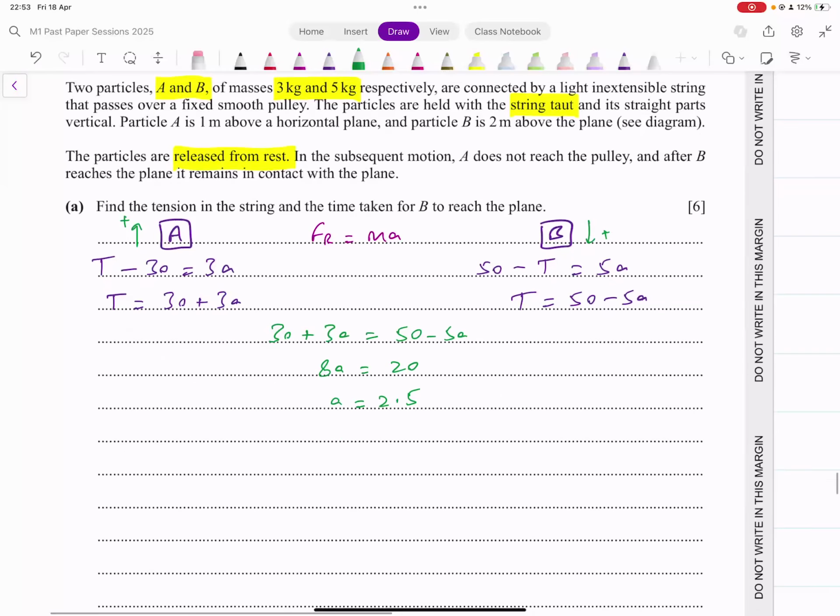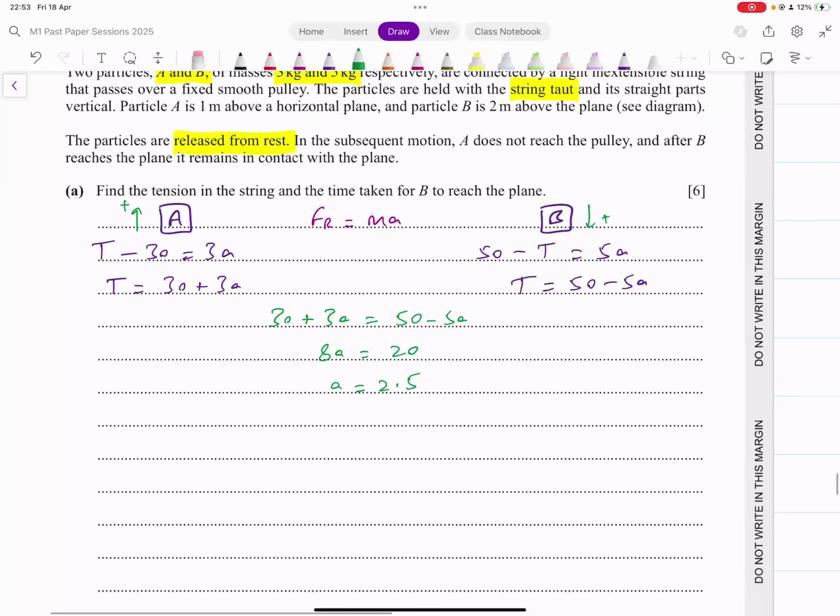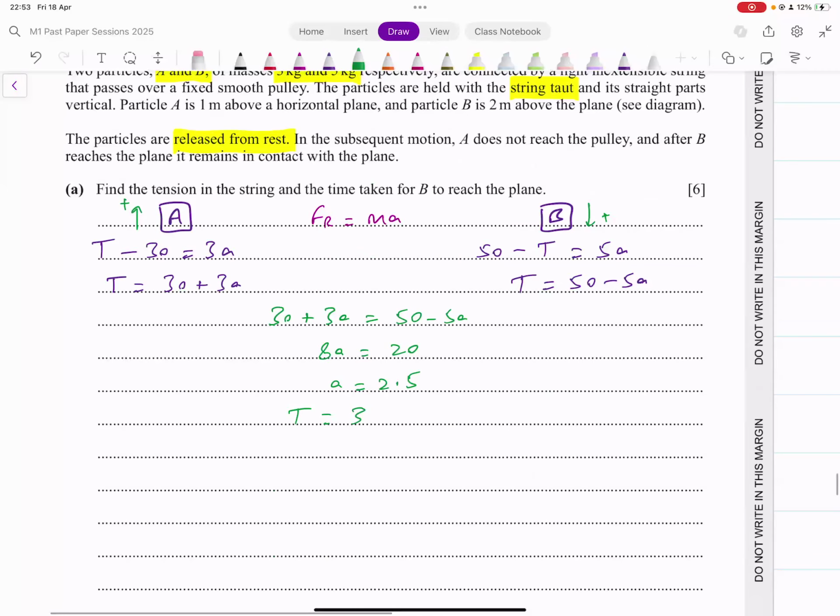All right. Okay, so then you can find the value of tension. Tension equals 30 plus 3 into 2.5, and that gives us 37.5 Newton.